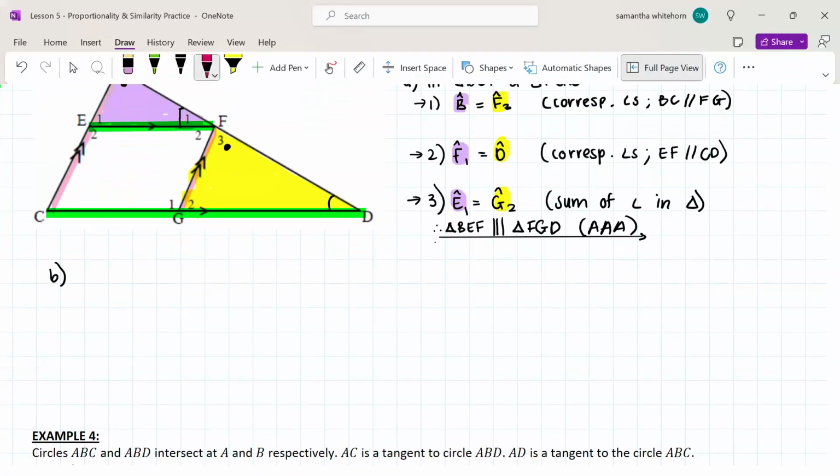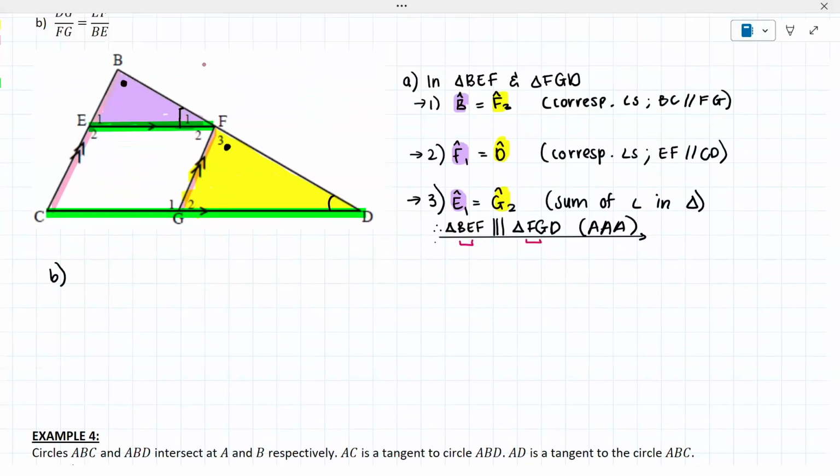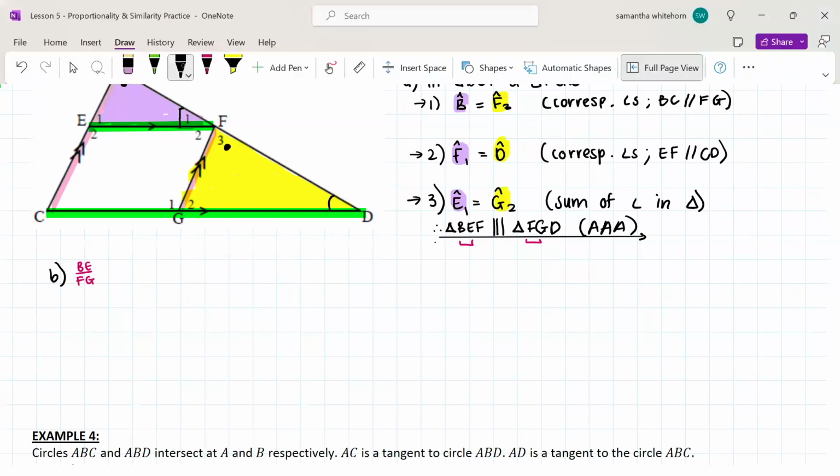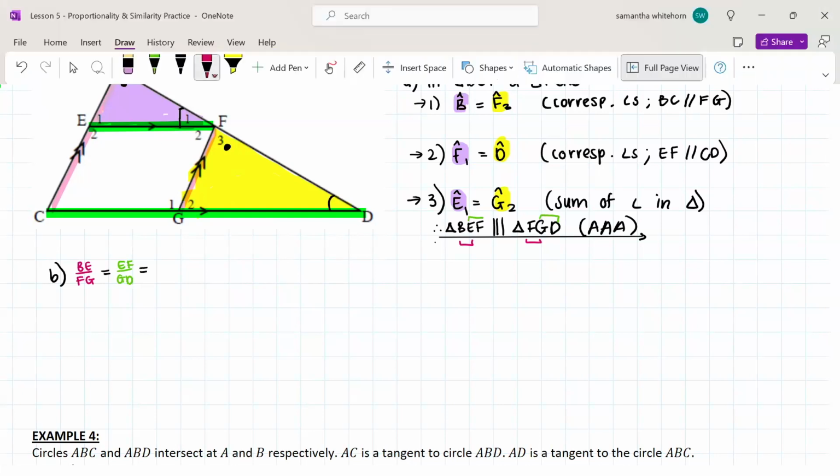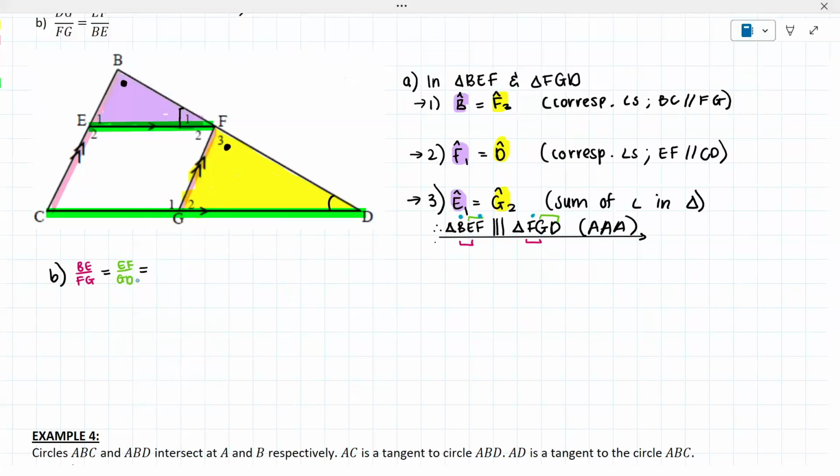BE corresponds with FG, so BE over FG would be equal to EF, which corresponds with GD, which would be equal to your first and your last, so BF and FD.